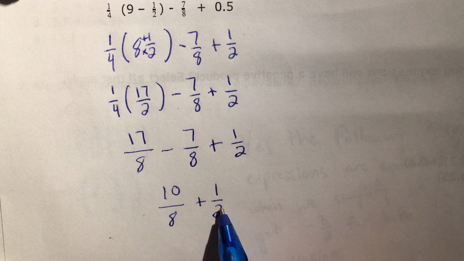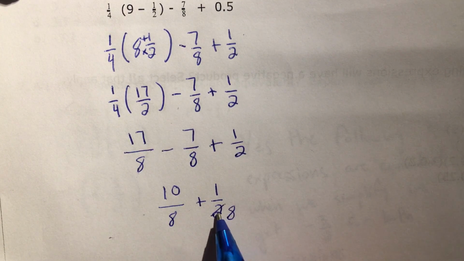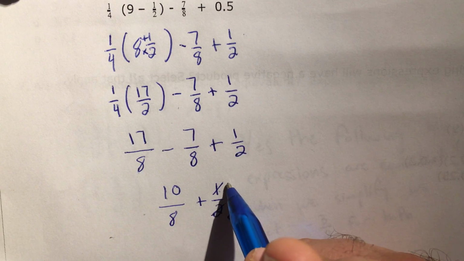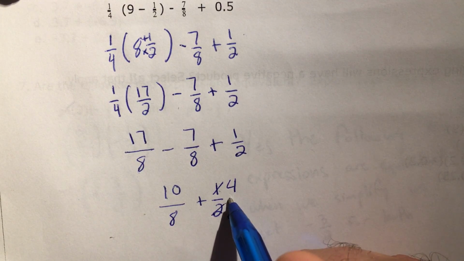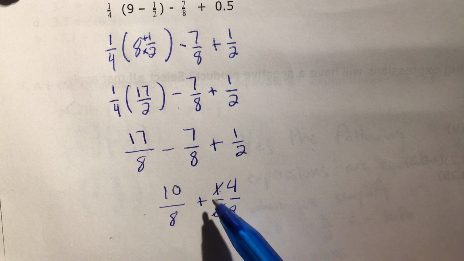So again, 2 times what gives me 8? Well, 2 times 4 gives me 8. So I know if I change this by a factor of 4, I have to change the numerator by a factor of 4. So 1 times 4 gives me 4. So my new fraction would be 4/8.